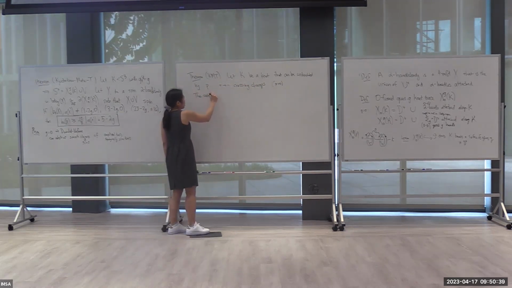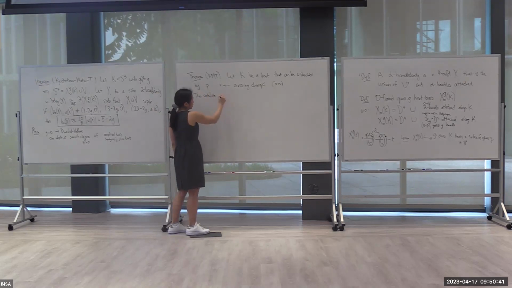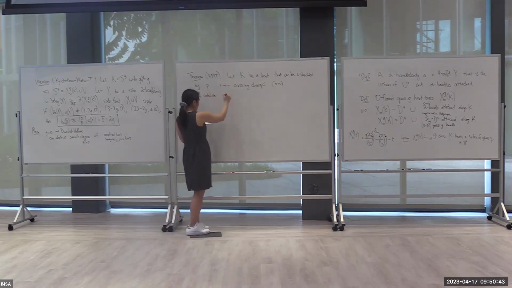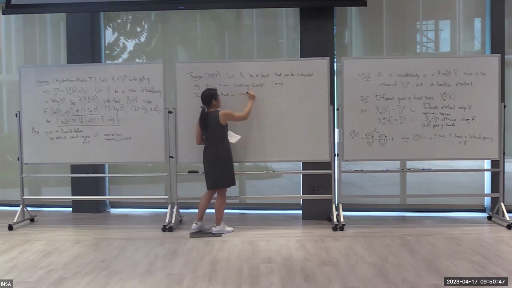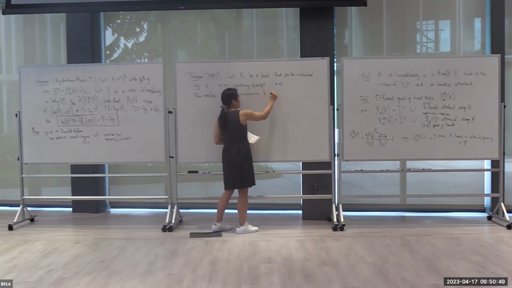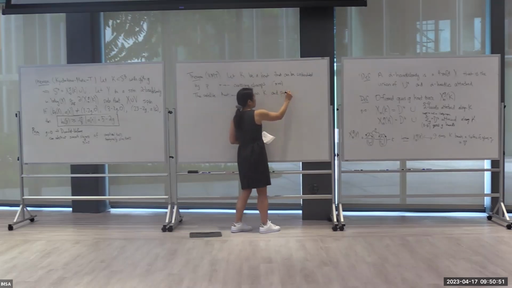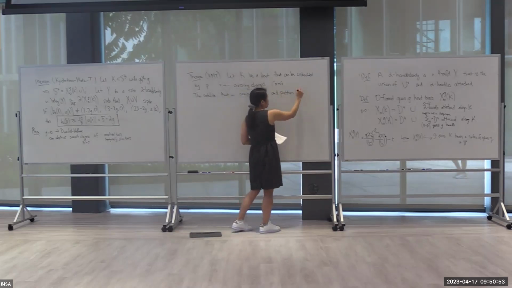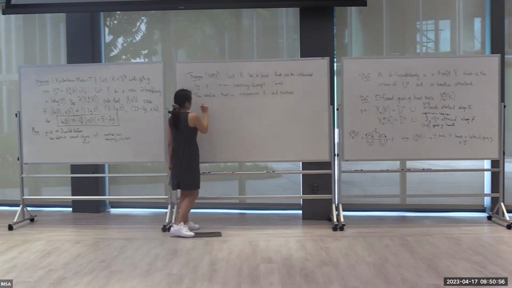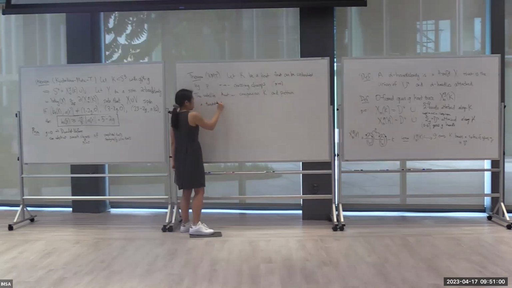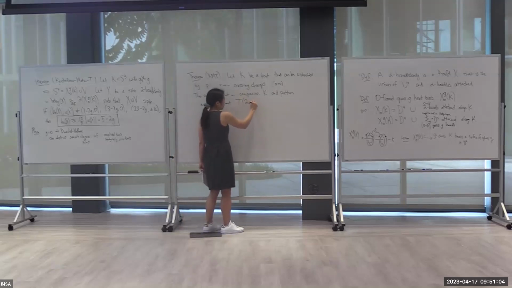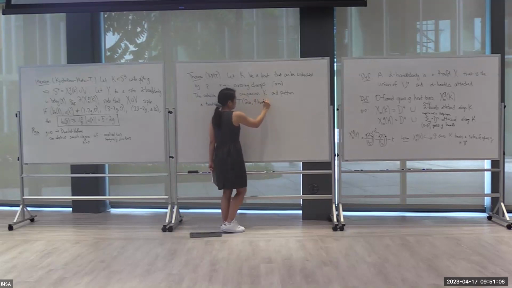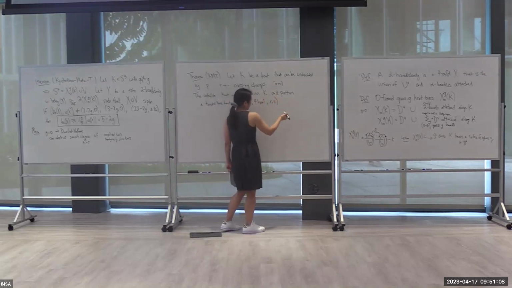Then our theorem: the satellite knot with companion K and pattern a twisted torus knot T(2n, 4kn+1; R, F).